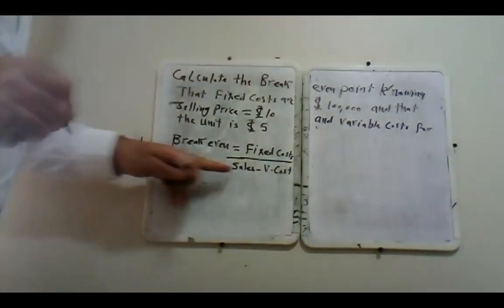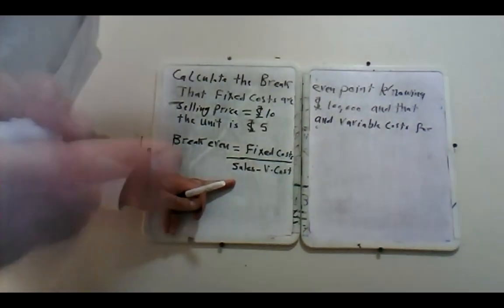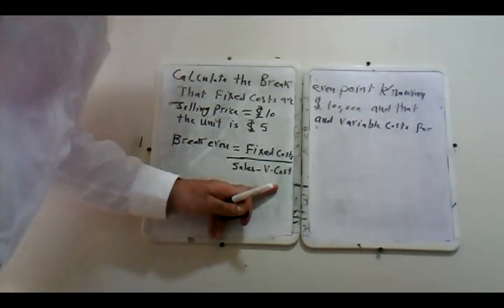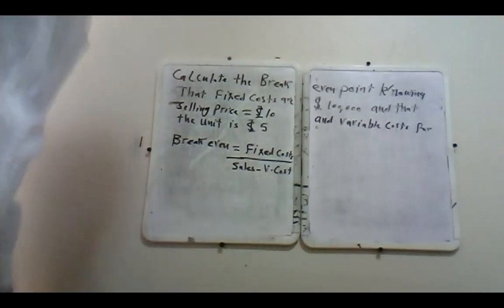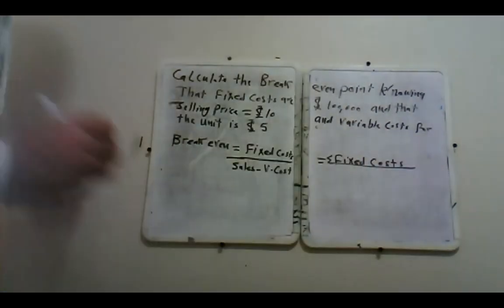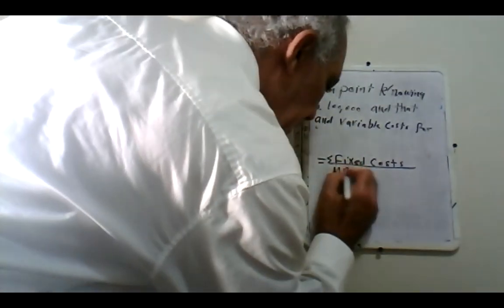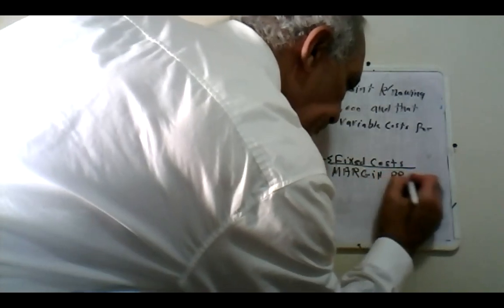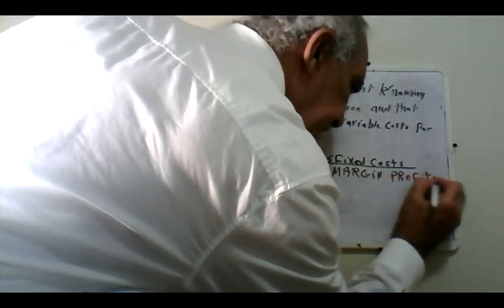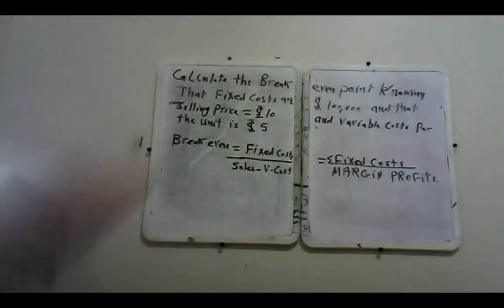By the way, the sale price for a unit minus the variable cost for a unit, we call the profit margin. So it is, in other words, the total fixed cost divided by the profit margin. So this is the equation.